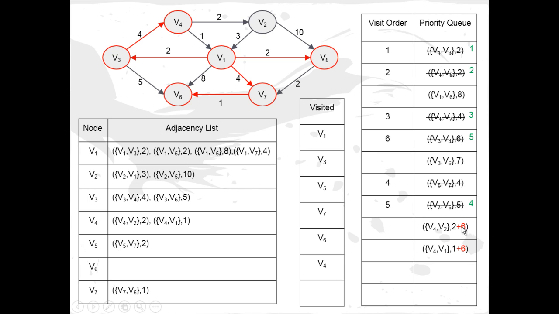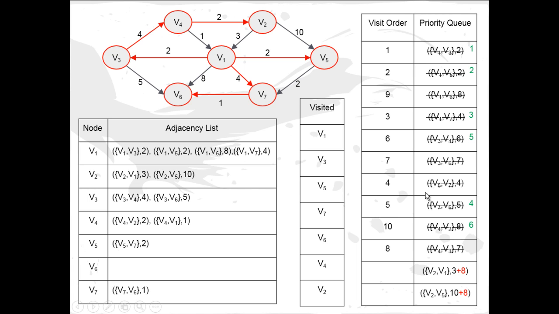Now we're adding 6 to all of the weights from the adjacency list pairs, and then we move on to the next smallest thing, which is V3 V6, but we're not adding it because V3 and V6 have already been visited. We go to the next one, which is V4 V1, and the same thing, because they were both visited, we're not going to consider it.